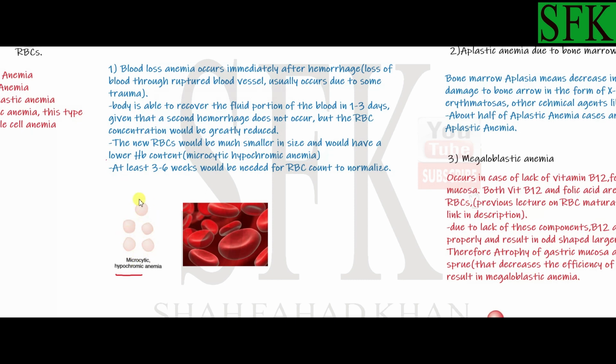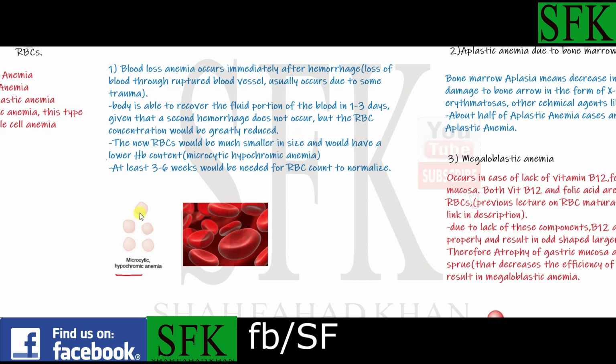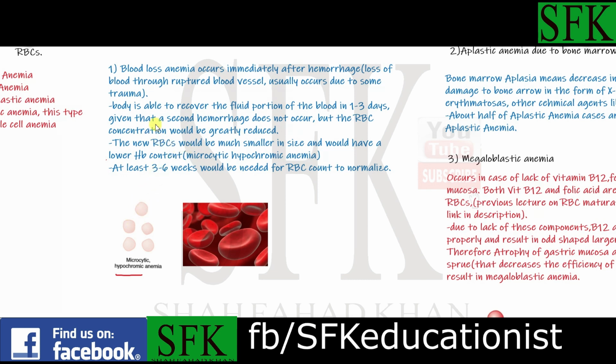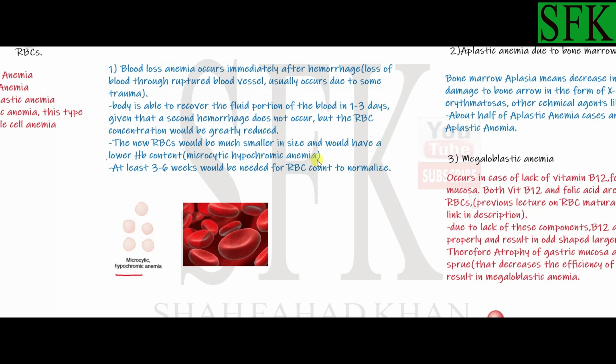These are pale cells and much smaller in size than the normal red blood cells. Such type of anemia is called microcytic because of the small size of cells, and hypochromic because of the low hemoglobin content in the cells. Microcytic means a small cell size, hypochromic means low concentration of the pigment.